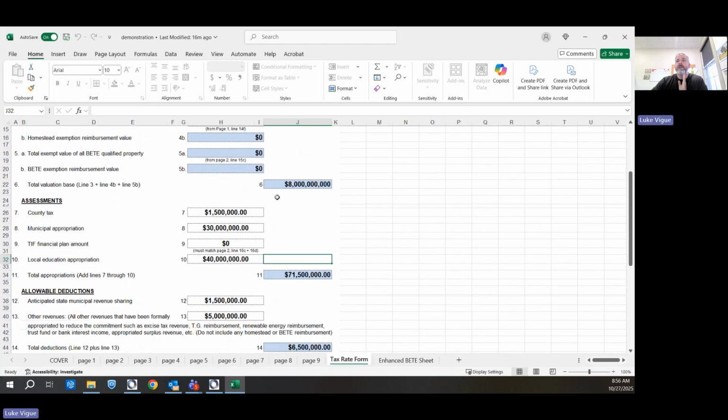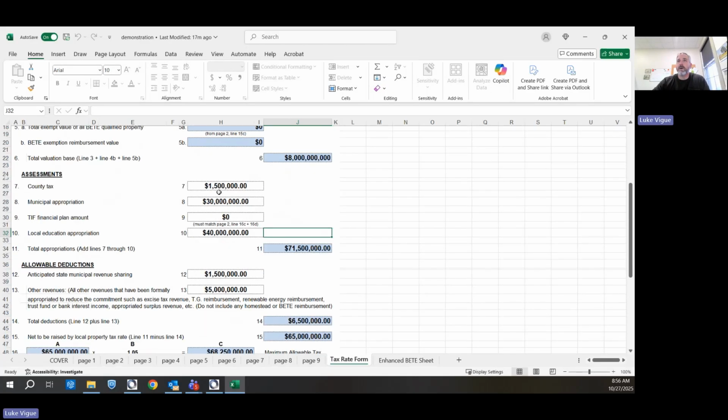You then, step two is to fill in the amount of money that you need to raise for the year. And these numbers are taken directly off of the warrant, where everyone votes on the budget, among other things. And these are really the three main lines that it gets broken down into. So you've got your county tax.